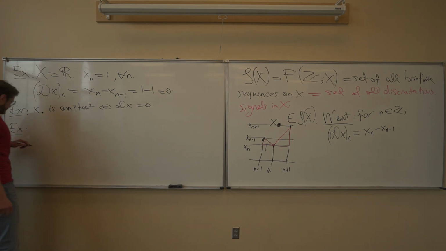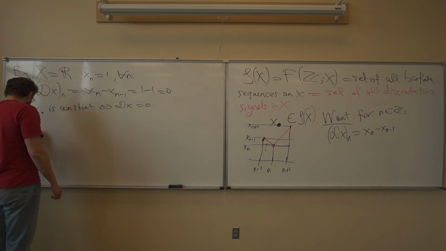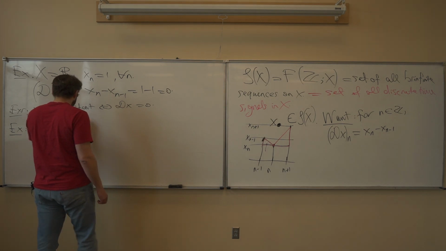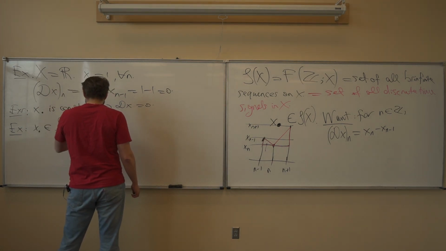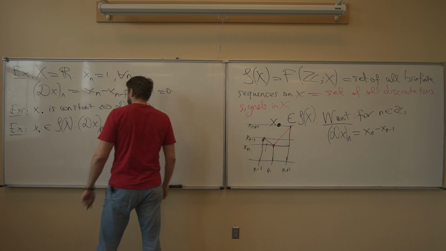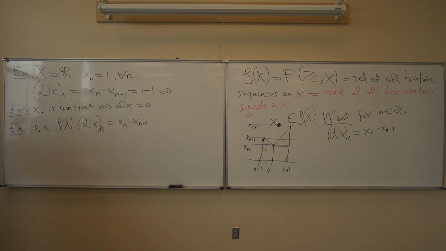And so, for instance, I have a sequence, let's say, a signal. Its first derivative at n is going to be x sub n minus x sub n minus 1. But then if I were to differentiate this sequence, this is a sequence in and of itself, I get another sequence that's sort of like the second derivative.